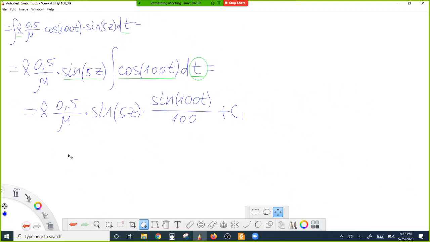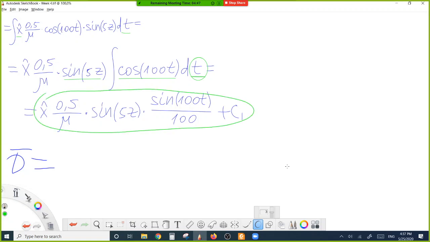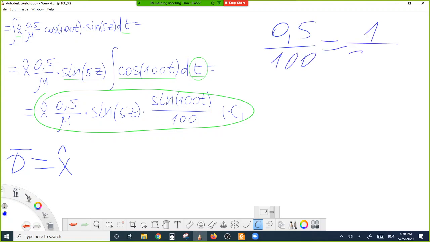Or let me rewrite one more time. The electric flux density D equals this, and equal to x, now 0.5 over 100 or 1 over 200. We may write 0.5 over 100 as 1 over 200.